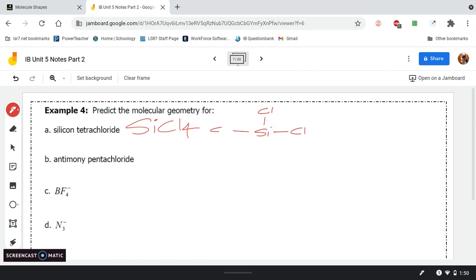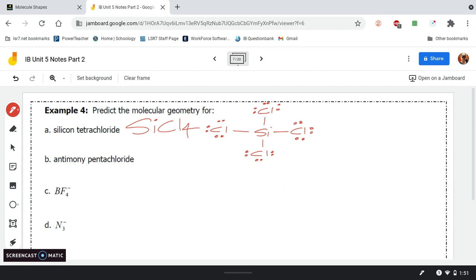There we go. Okay, now I'm going to add my dots because I want everything to be stable. So this is going to get dots because there's nothing there. There's nothing on the left, nothing on the bottom, nothing on the right, nothing on the top. So you get the idea.